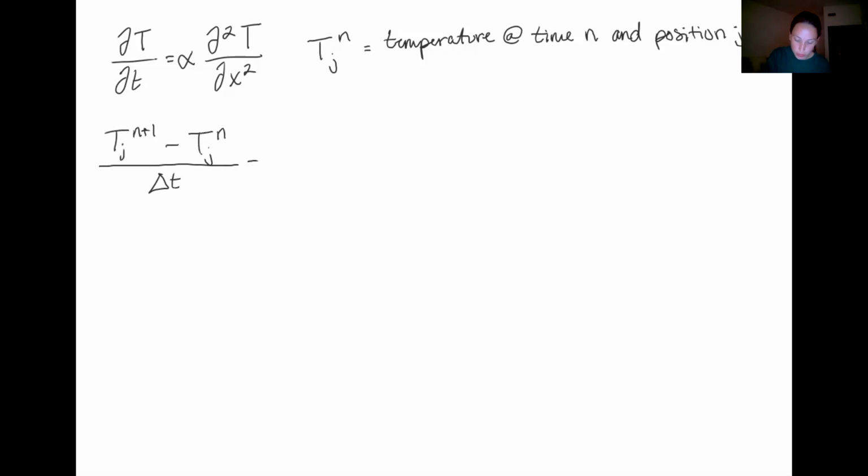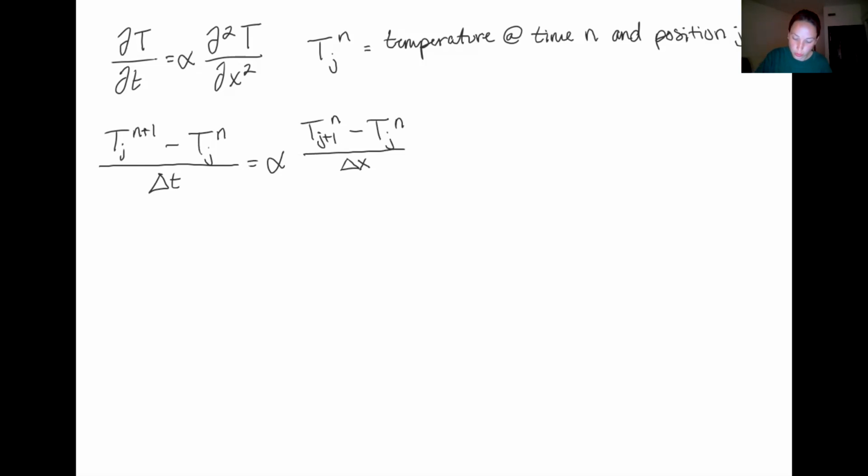And that's going to be equal to the thermal diffusivity times the second derivative of the temperature with respect to position. So that's going to be T j plus 1, since again, this is the derivative with respect to position, minus T j n over delta x. And that is the difference moving towards the right.